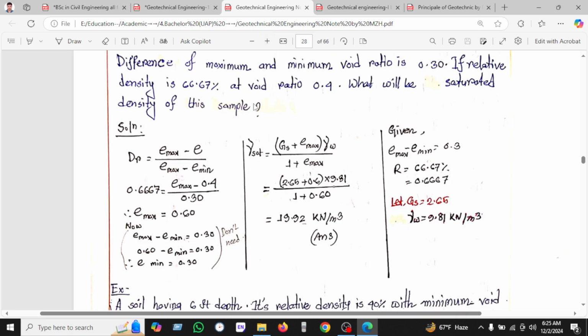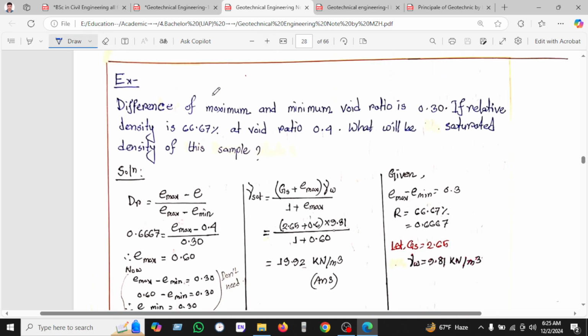Here we can see another example. The difference of maximum and minimum void ratio is 0.30, and the relative density is 66.66% at void ratio 0.4. What will be the saturated density of soil?